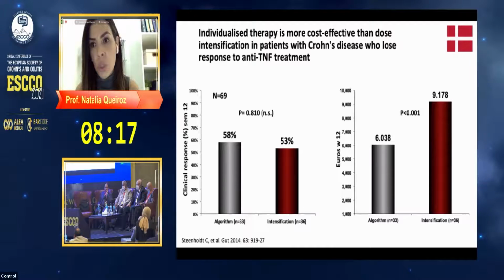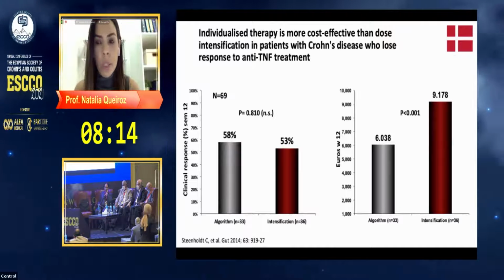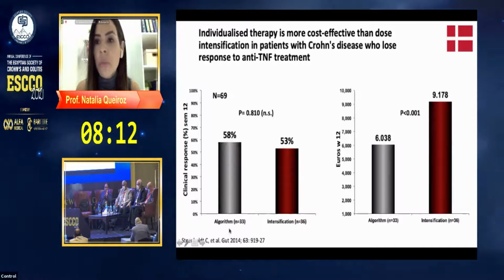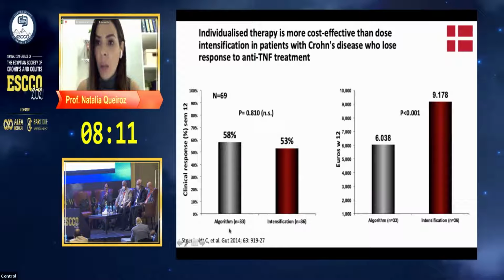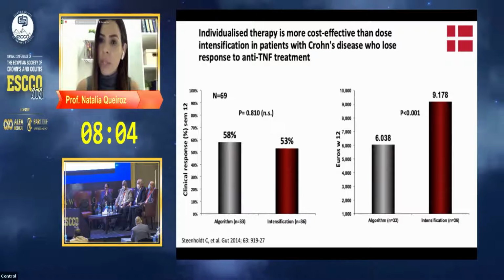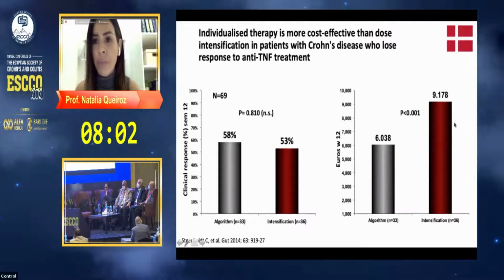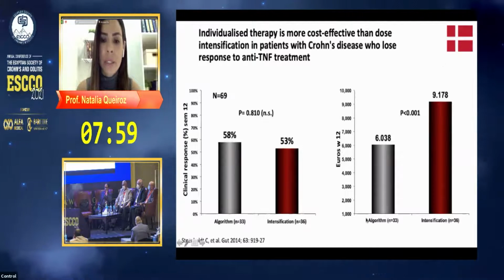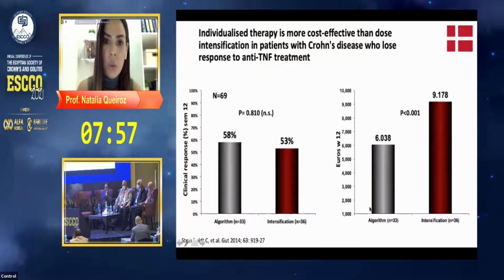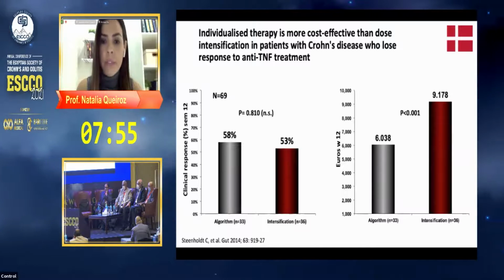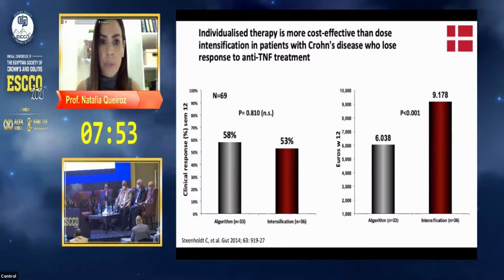But we should emphasize that in 2014, we didn't have other biologics to offer to these patients. We just stopped when the treatment was not effective. But the TDM-guided strategy was shown to be cost-effective, resulting in a cost reduction.